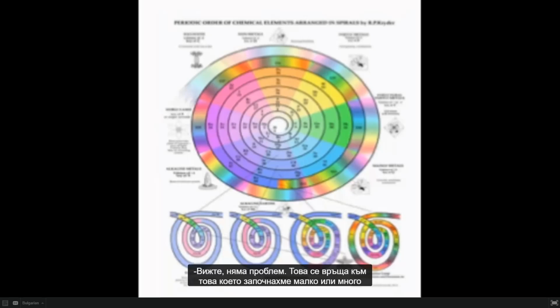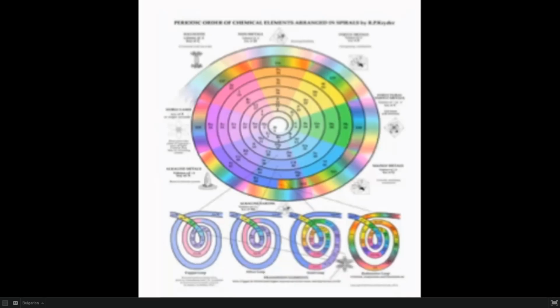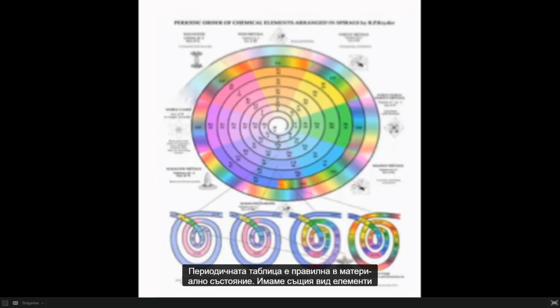You see, there is no problem. This goes back to what we started separating at a very clear point with the children's program on Wednesday. The periodic table is correct in a matter state. We have the same kind of element in a plasma state, with its own behavior.